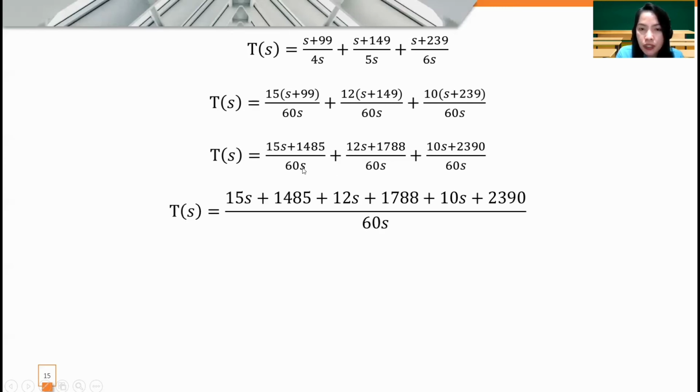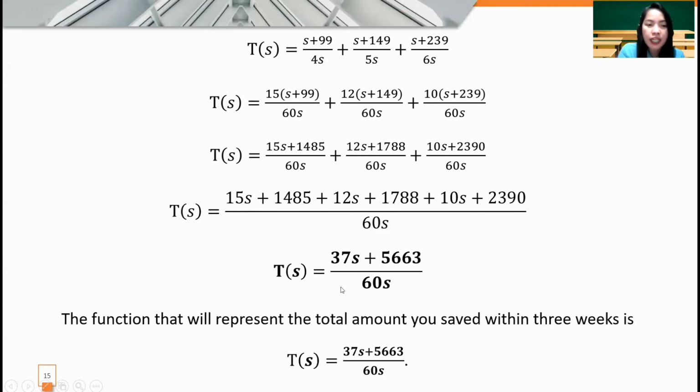Since pareho naman yung denominator mo na 60s, pwedeng isahan mo na lang siyang isulat kasi i-add mo na yung mga nasa numerators. So, yan. Simplify. Yung magiging function notation na natin ay 37s plus 5,663 all over 60s. Ito na yung magiging function notation mo. That will represent the total amount you saved within 3 weeks. Yan, simple na siya.